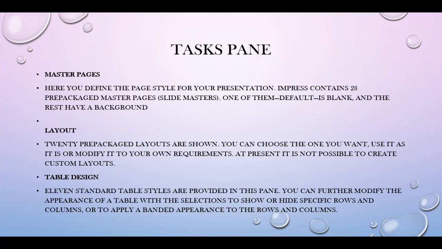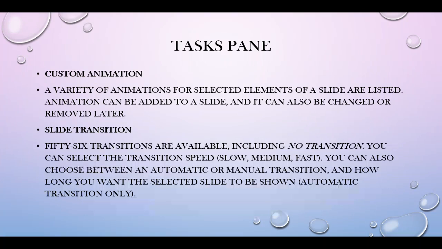Then comes the layout. There are different layouts from which you can choose. Then there is table design. If you want to use a table in your presentation, then you can use the table design tab. Then there is custom animation for giving animations in your slides.